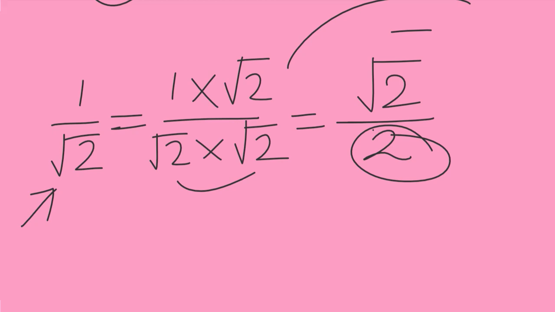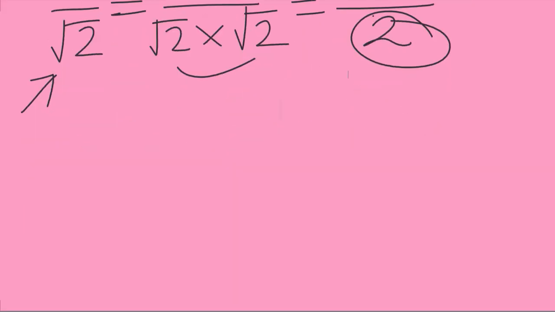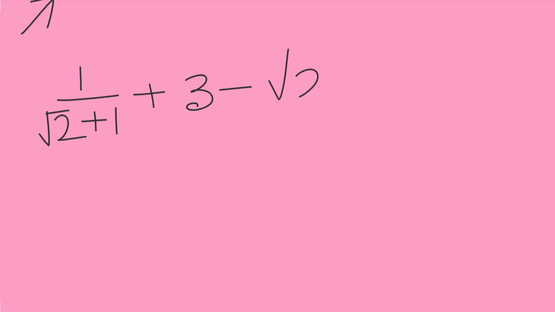Now this is a very simple one. What if you have problems more advanced than it? For example, if I ask you to simplify this problem, the answer is quite simple, but the techniques that we have already studied will not be suitable for it. Here you have the denominator root 2 plus 1.